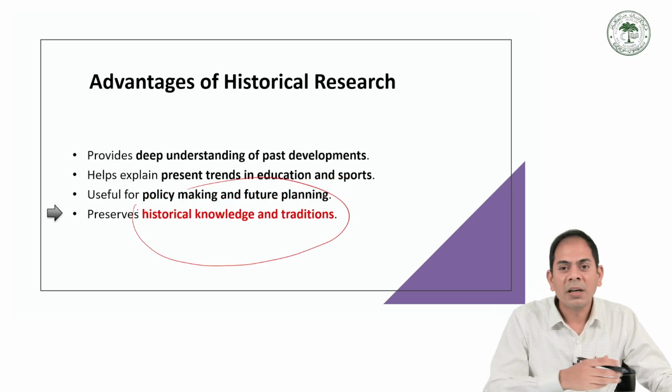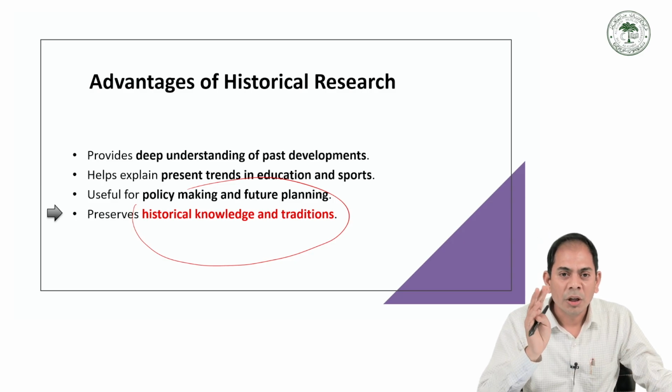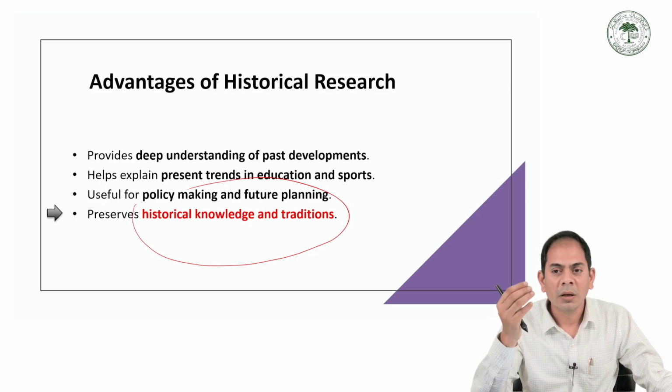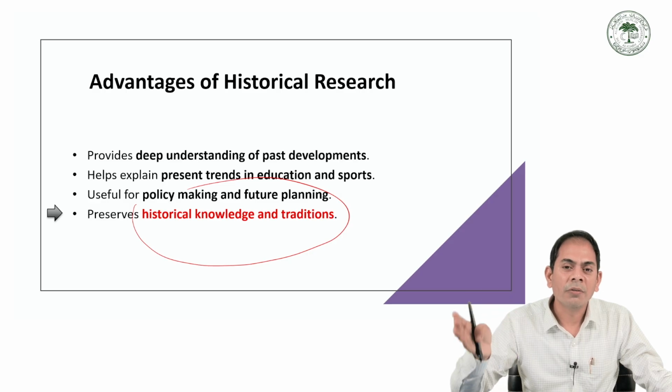Another important advantage of historical research is that it preserves historical knowledge and tradition. This is a very important aspect. Historical research helps us protect important records, cultural values, educational practices and sports traditions for future generations. Otherwise, all these things would be eliminated from our societies.